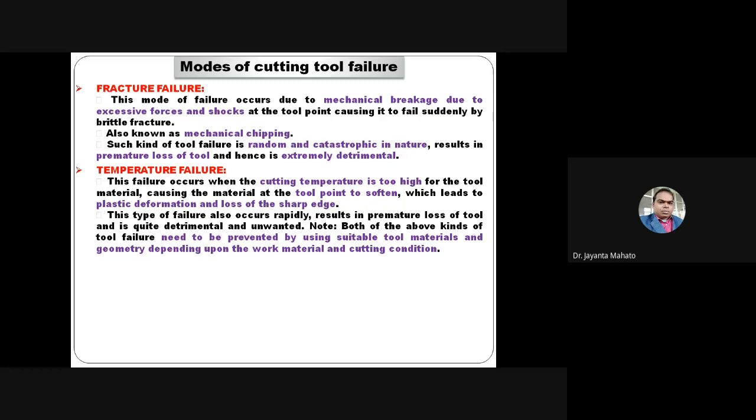This failure occurs very rapidly. If this type of failure occurs, it is a premature loss of the tool.